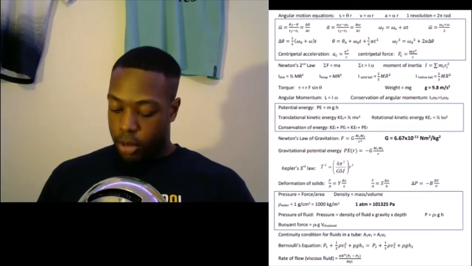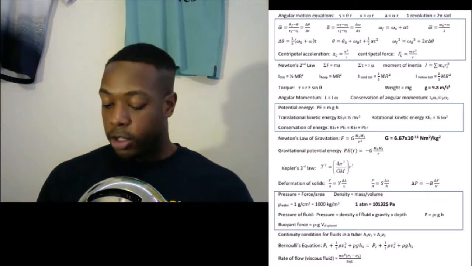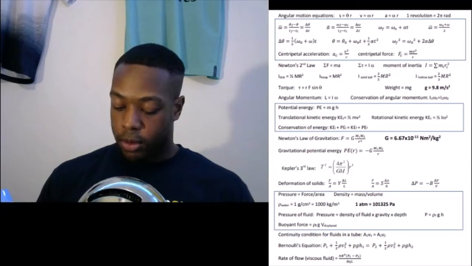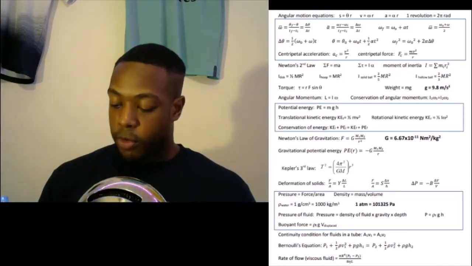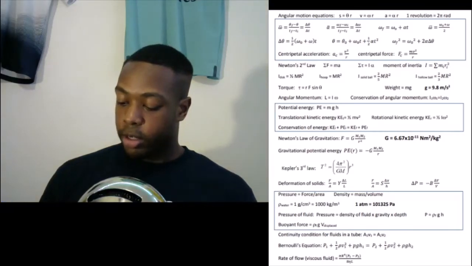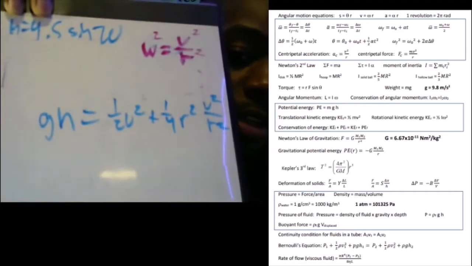We've got 1/2 velocity squared plus 1/2 times 1/2 r squared, so we can do plus 1/4 r squared times v squared over r squared. That's what I have so far, my first bit of rearranging.